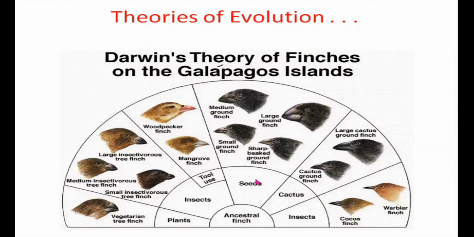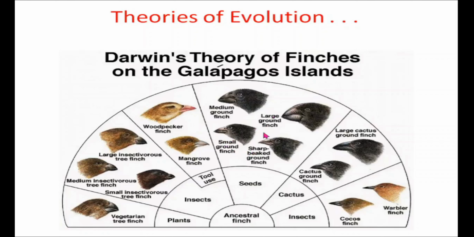Then seed eaters, then tool users, the beak is here, you can see, and other insect feeder groups, and vegetarian. Then where do they come from? It is believed that they come from an ancestral finch, from the same origin on the islands.